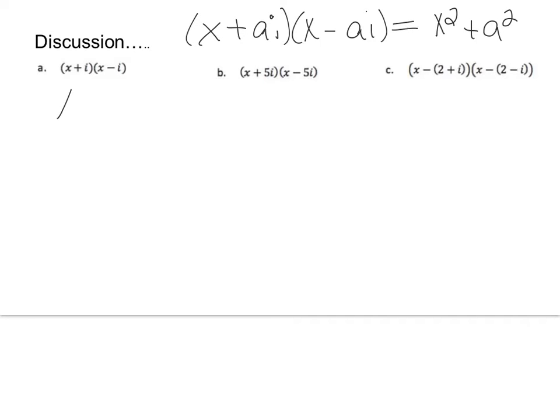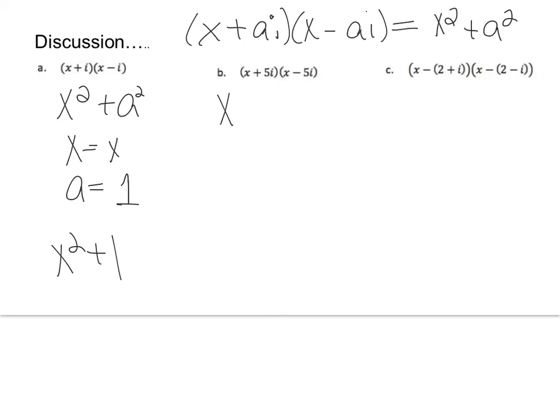So here we had x squared plus a squared, where x is x and a is 1. Sorry. That's how we ended up with x squared plus 1. Here we get x squared plus a squared as an answer, where x is x and a was 5.